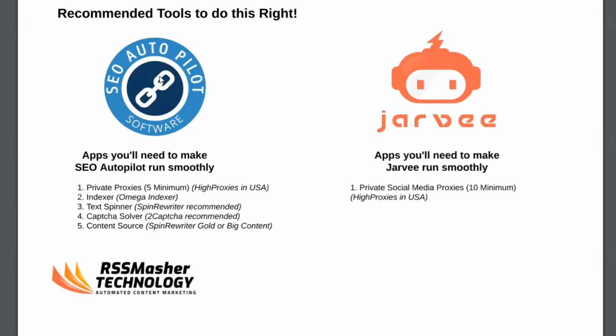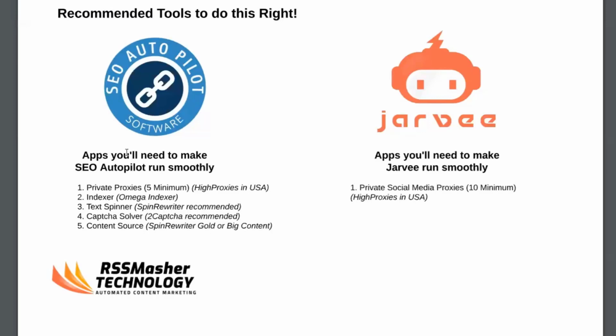You're going to hit them with backlinks and organics here, and then you're going to be able to go over in Jarvee and have social engagement, have social posts, and start building your accounts that way. And an active social account, on Instagram, Twitter, or Facebook, is going to get you followers, but more importantly, it's going to get you clicks to the sites that you want them going to.